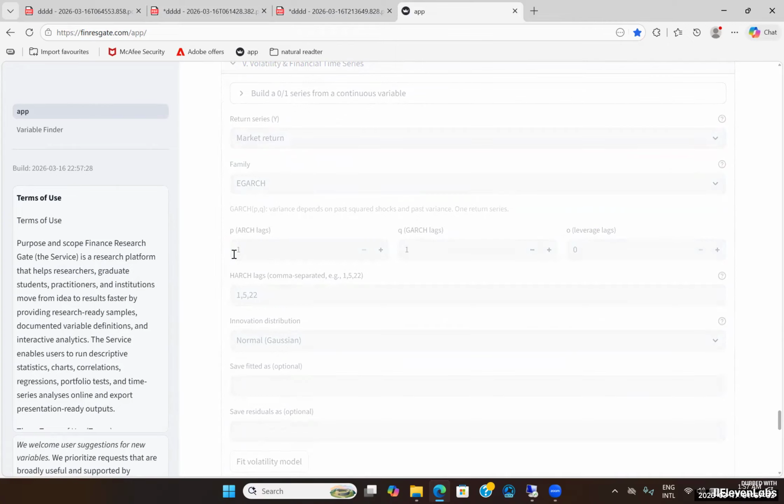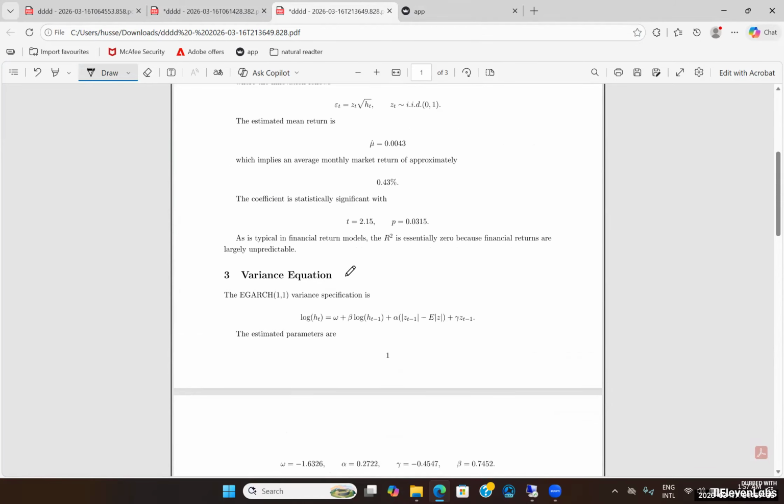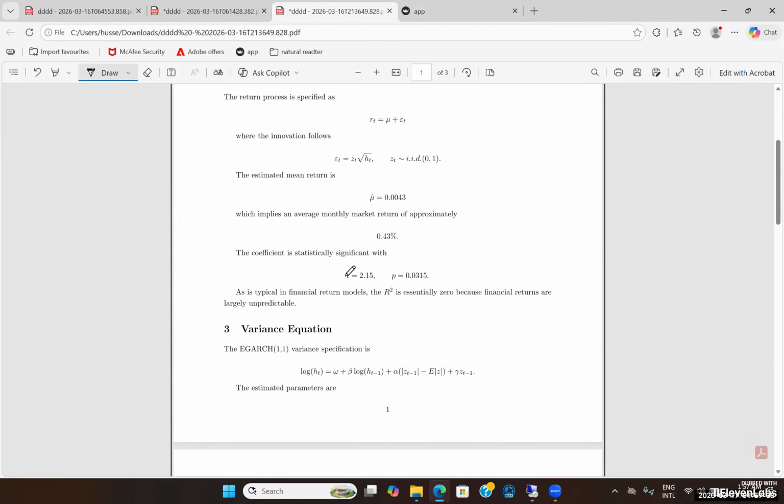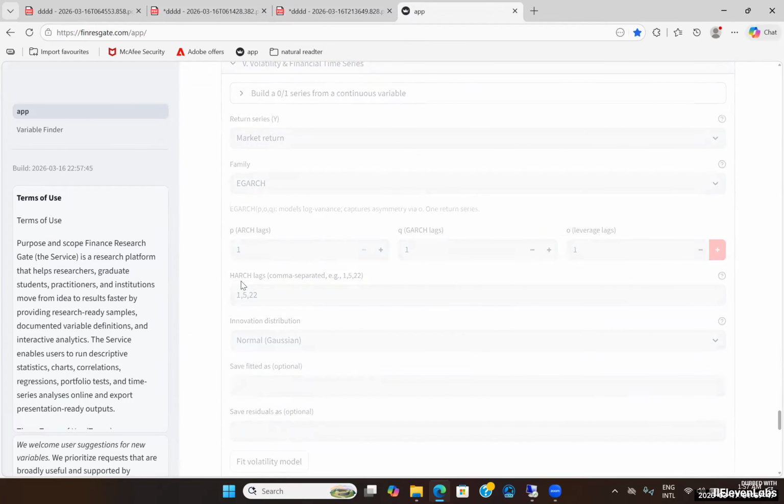Now we have the P, the Q, the leverage. Let's increase that to 1. Since the EGARCH model isn't directly related to the EGARCH framework, we'll simply remove it from our consideration.